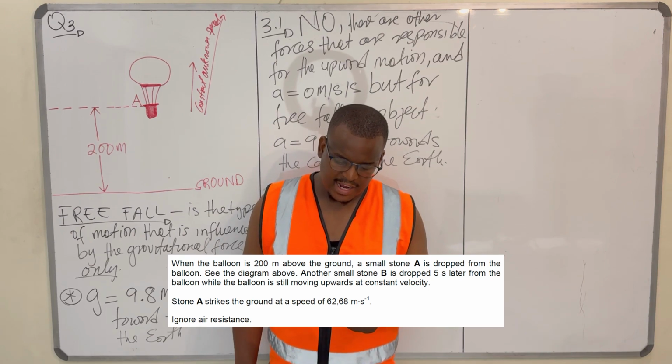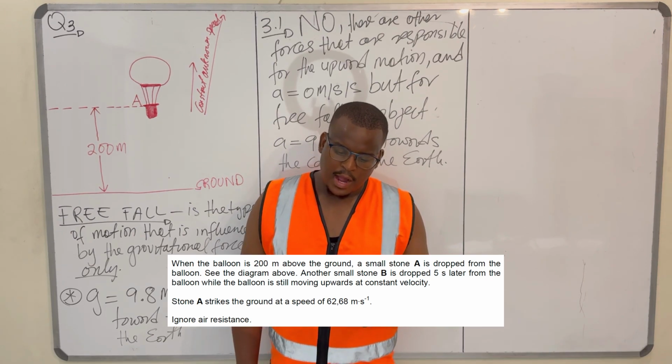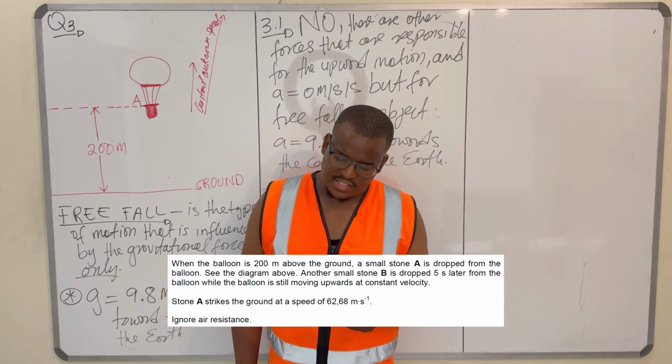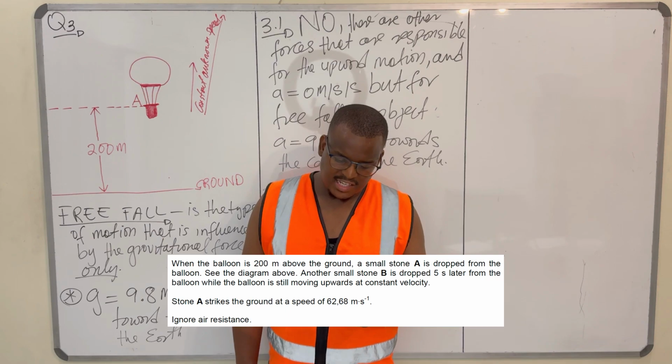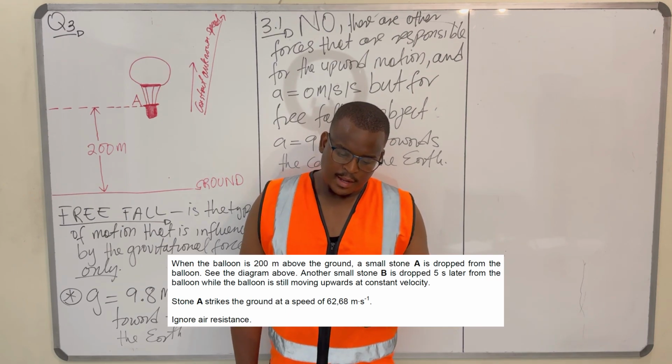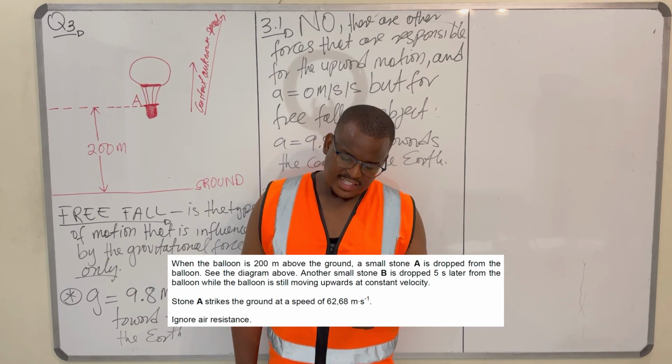See the diagram above. Another small stone B is dropped 5 seconds later from the balloon while still moving upwards at a constant velocity. Stone A strikes the ground at 62.68 meters per second. Ignore air resistance.